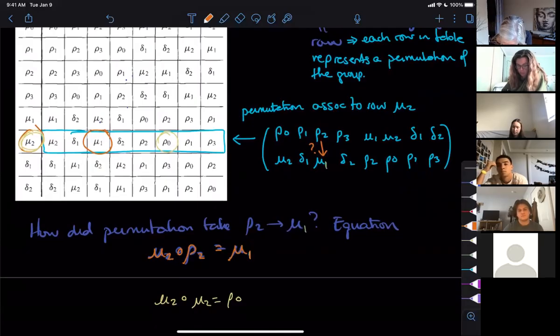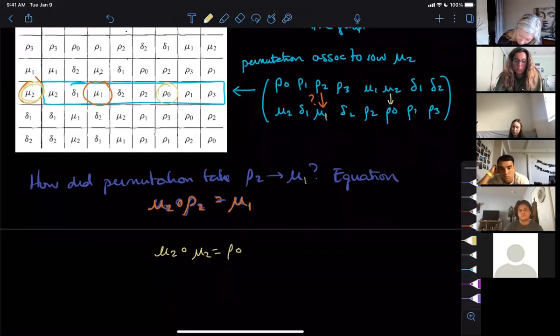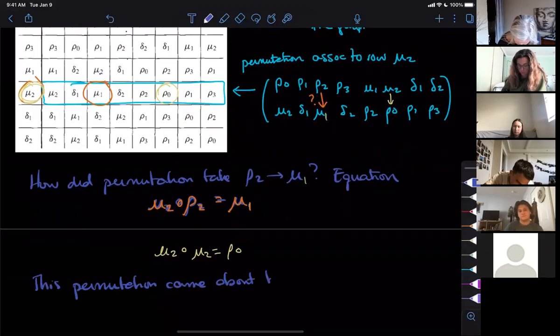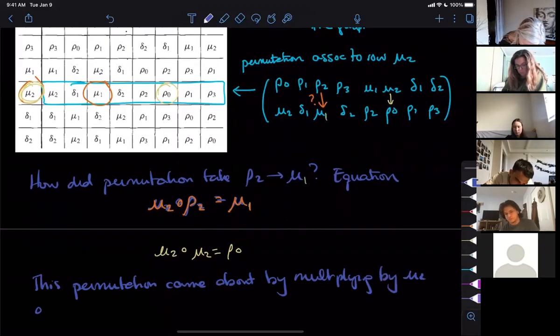In fact, any of these happens by multiplying by mu2 on the left. That's how we got all these, right? Multiply by mu2 on the left. This permutation came about by multiplying by mu2 on the left.